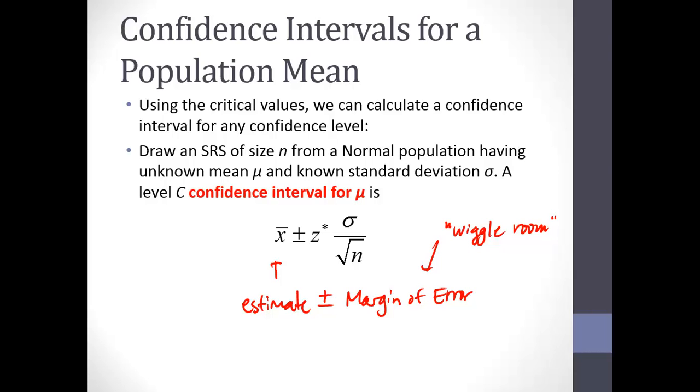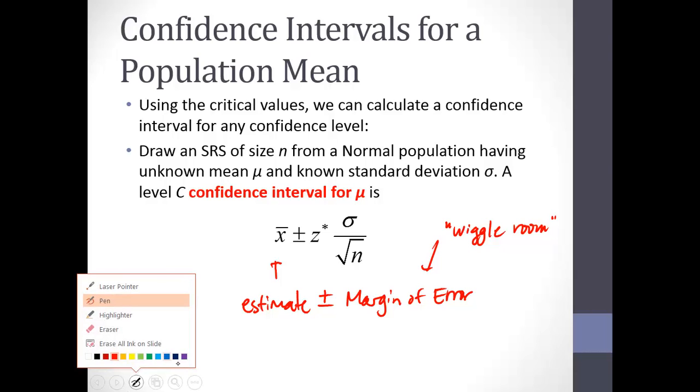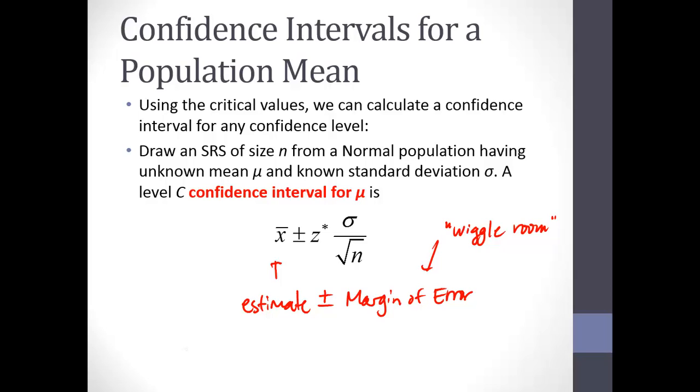The one thing that we haven't made note about on here: again, x bar is our sample mean, sigma is our population standard deviation, which we're assuming we know now, and we'll come back to that issue later. That's a limiting assumption. n is our sample size, and then this z star thing is the one new thing that we have going on here.